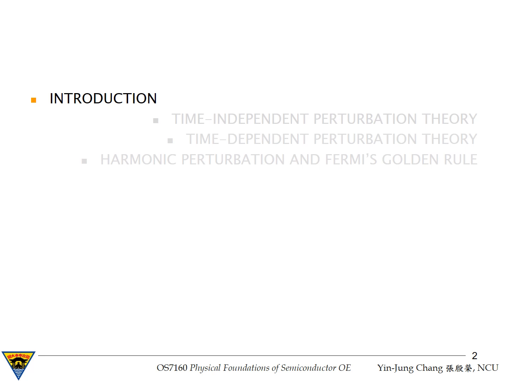After that, we will move to time-dependent perturbation theory, where the perturbation changes with time and can induce transitions between quantum states. Finally, we will discuss harmonic perturbation and Fermi's golden rule, which are especially important for transition rates induced by oscillating fields such as electromagnetic radiation.